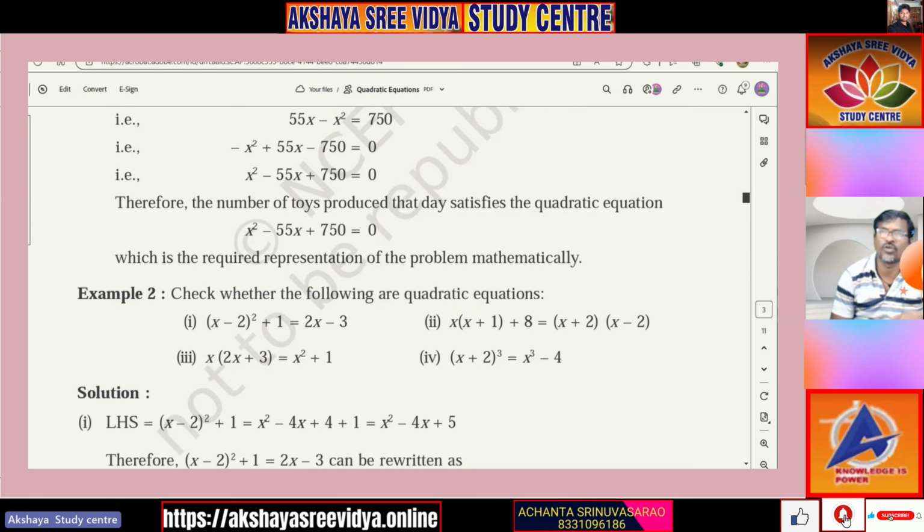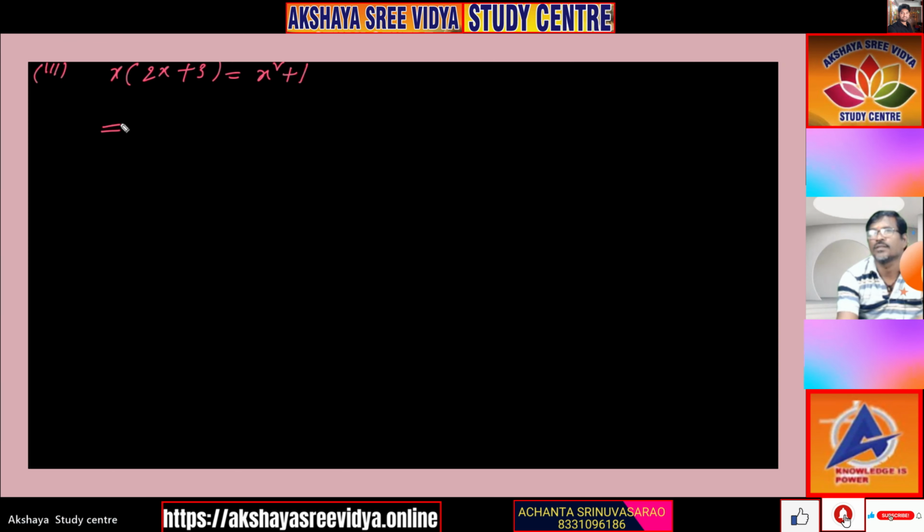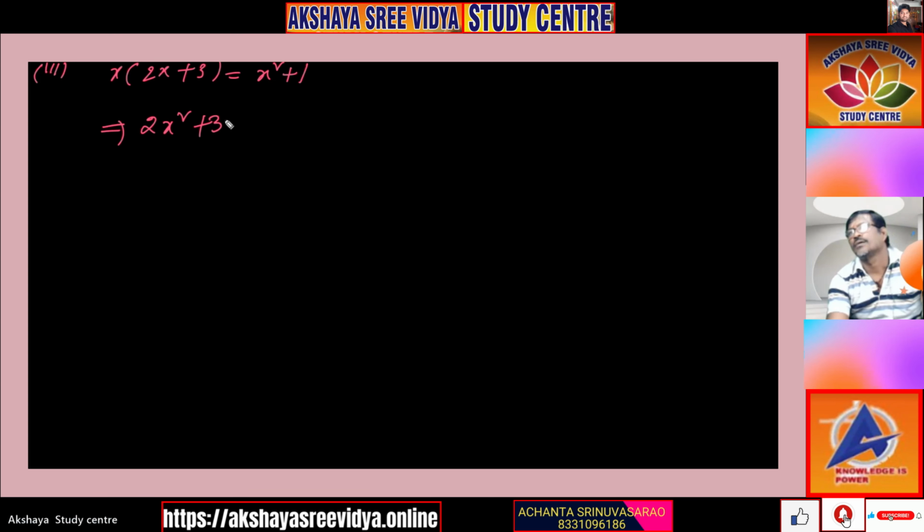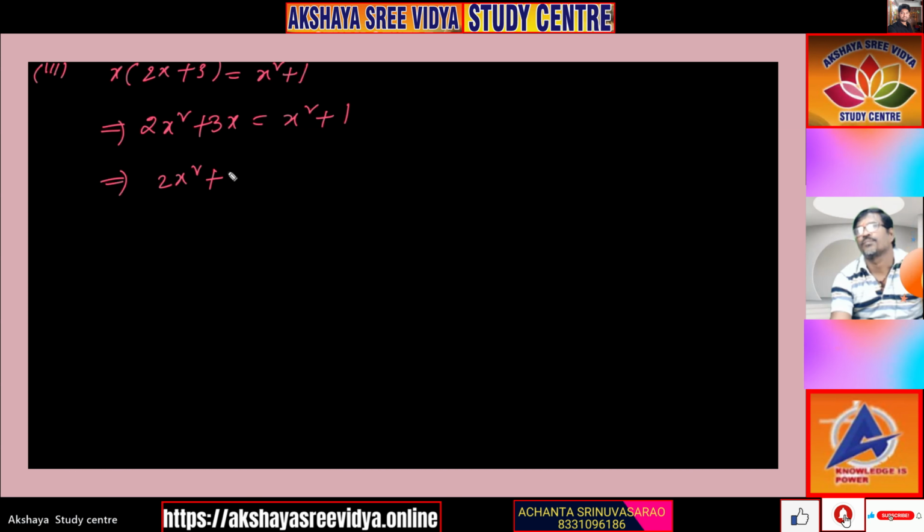Next one, third one. x into 2x plus 3 is equal to x square plus 1. This implies 2x square plus 3x is equal to x square plus 1. This implies 2x square plus 3x minus x square minus 1 is equal to 0.